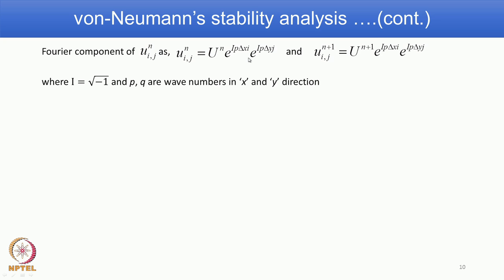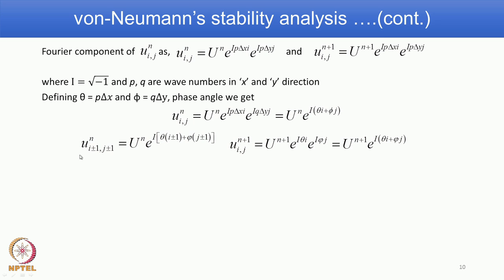Now, we have an additional term when you compare with the 1D situation. So, one term is for the x direction, the second term is for the y direction. We extend this for all other terms in that equation. For example, u i comma j n plus 1 is written as shown here.